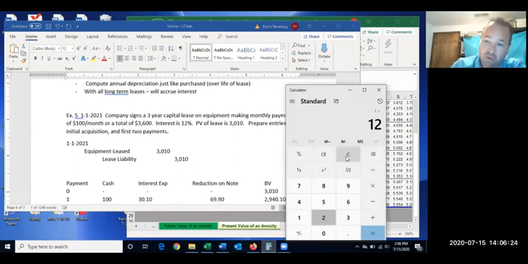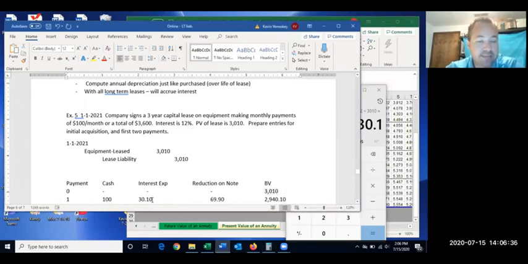So let's do 1 month times 12% times $3,010. I got interest of $30.10. And then if I pay 100, the first $30.10 goes to interest. That means the rest goes to the note. And if it goes to the note, then it brings down what I owe on the note by $69.90. So that's all I did to get this new number.